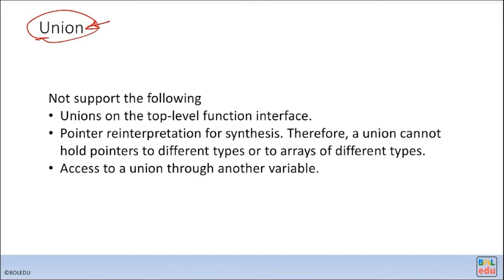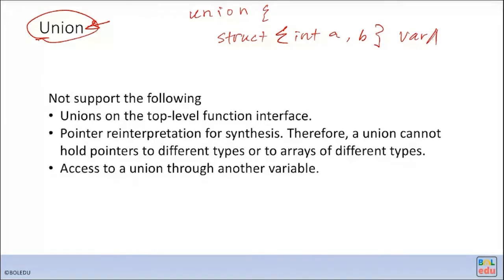For example, you can define a union with, for example, a struct with integers A and B. Okay, that's maybe variable A. And also you can have a double variable B.